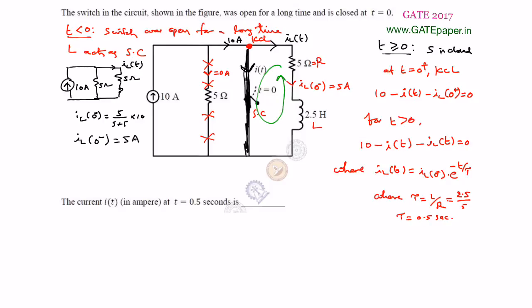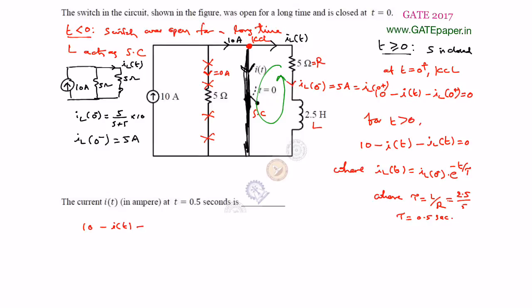So the general equation becomes 10 minus I of t minus IL of 0 plus. IL of 0 plus is equal to IL of 0 minus. Remember, the current flowing through an inductor doesn't change instantaneously. Even though the switch changes at t is equal to 0, the current through the inductor doesn't change.